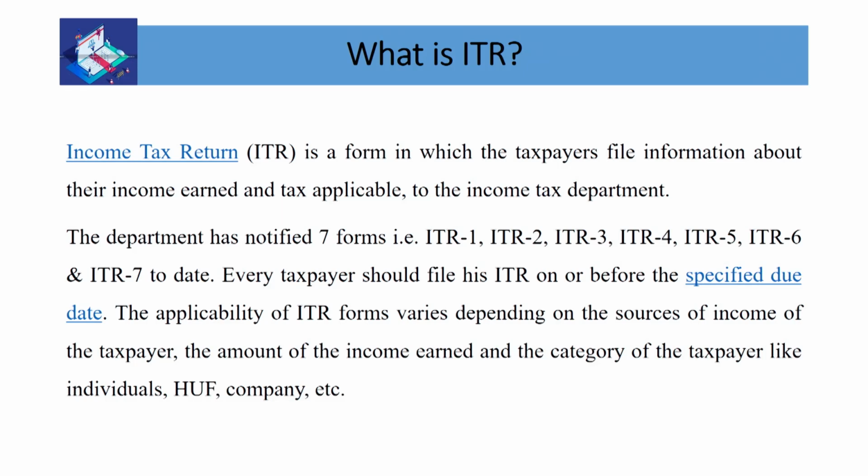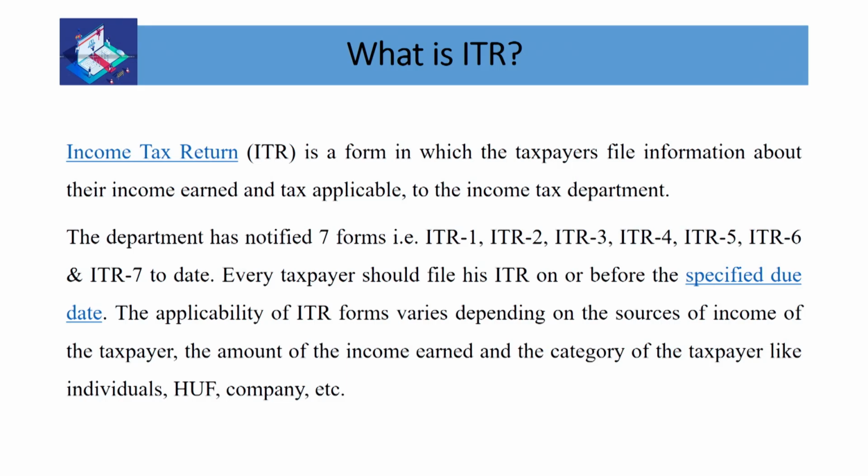The applicability of ITR forms varies depending on the sources of income of the taxpayer, the amount of income earned and the category of taxpayers like individual, HUF and company, etc.